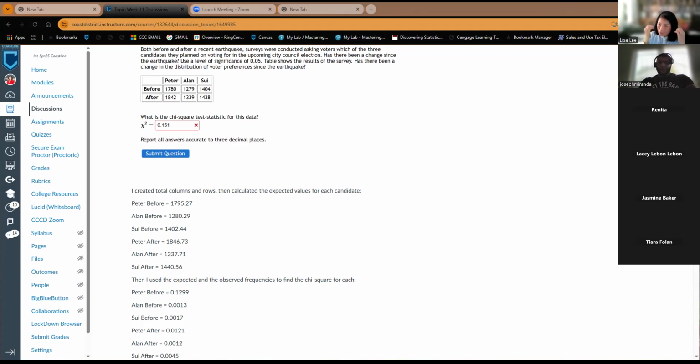And the null hypothesis assumes that, before and after the earthquake, the voters voting for the three different candidates is about the same. Not much change. It's not a significant change here. So that's what we need to know about this type of problem. The null hypothesis is always independent. Okay, and the alternative is dependent, when there is some change.